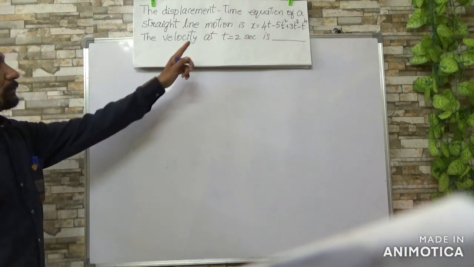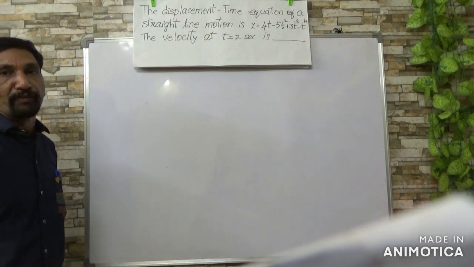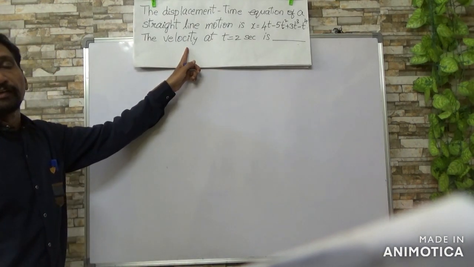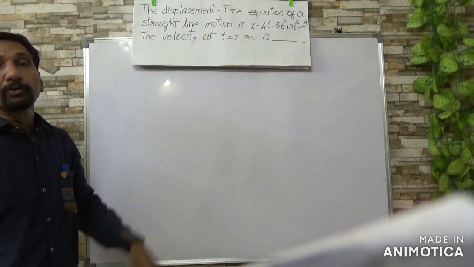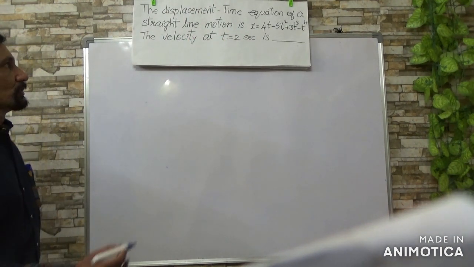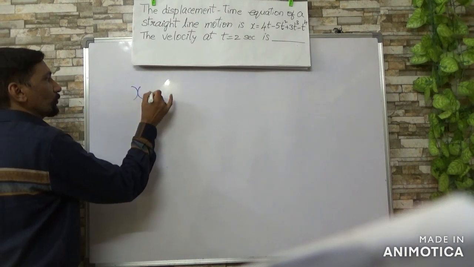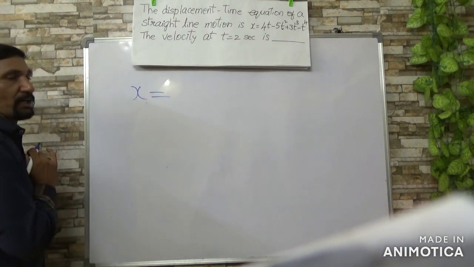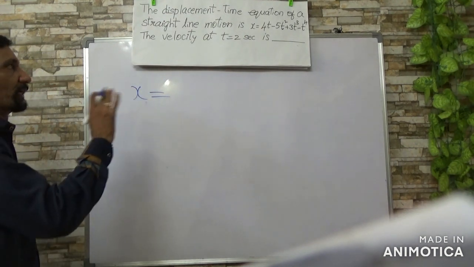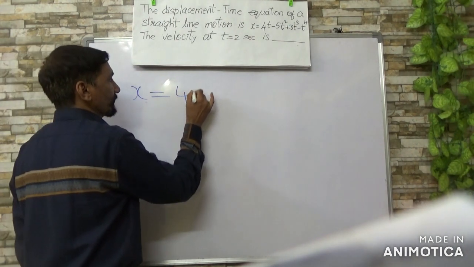Now the displacement of a body is given, and they are asking us to find the velocity after 2 seconds. Whenever you differentiate displacement with respect to time, you get velocity.